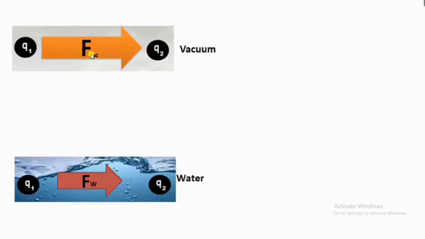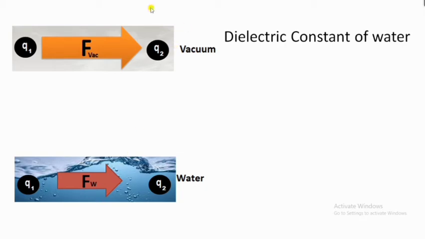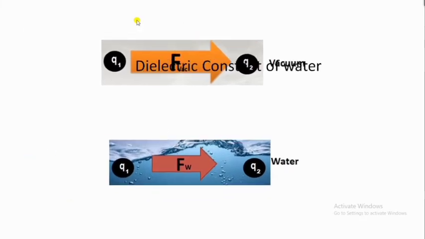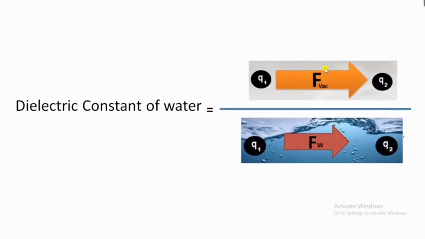Relative means we are comparing the permittivity of that medium with something else. Suppose F vacuum is the force between these two charges when they are kept in vacuum, and F water is the force between the same two charges when they are kept in water. If you want to know the dielectric constant of water, or relative permittivity of water with respect to vacuum, then we divide the force in vacuum by the force in water.